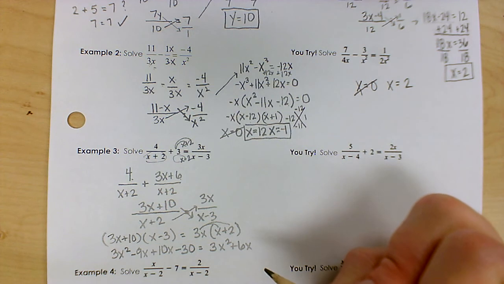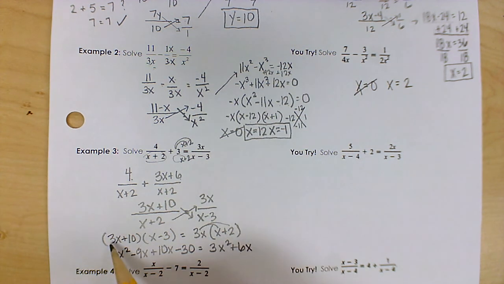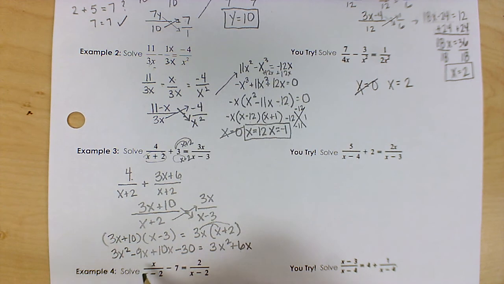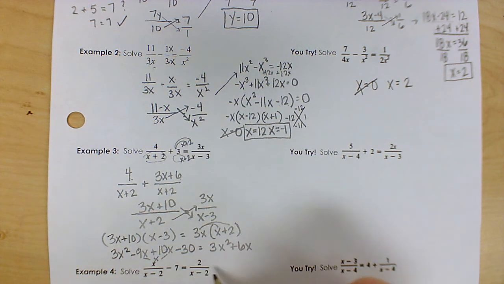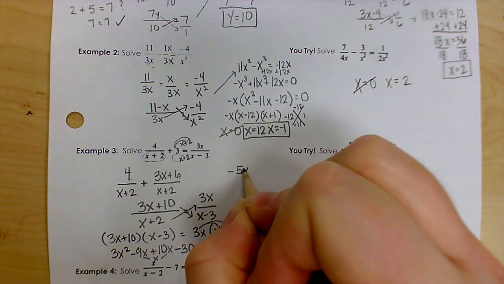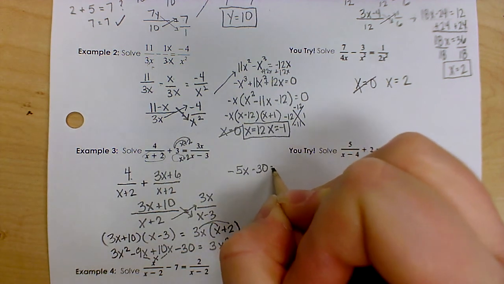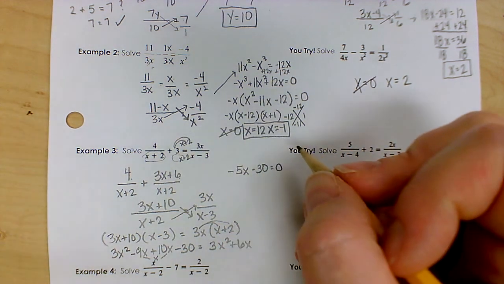When I get everything on one side, I end up with subtracting the 3x, subtracting the, I think this should have been, yeah, so this right here just becomes x. So if I move everything to one side, I get negative 5x minus 30 equals 0.